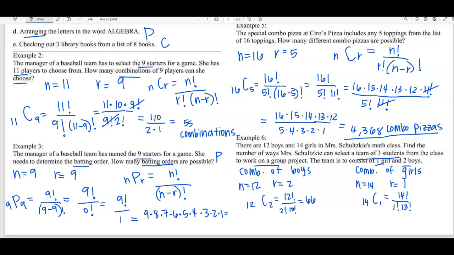Those will cancel and give you a total of 14 after you expand that. Then we multiply 66 times 14 to get that combination total, which equals 924 ways that we could select our 1 girl and 2 boys.